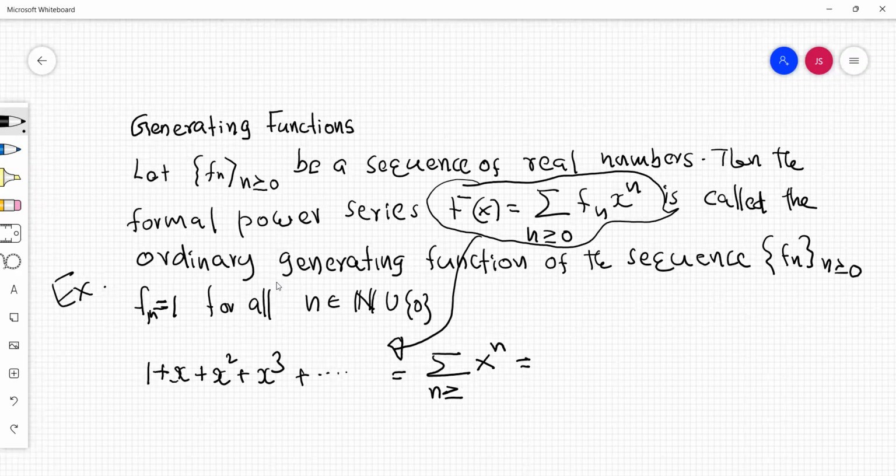What is the summation of a geometric series, 1, r, r squared, up to r^(n-1)? What is the formula for that? The first term times, 1 minus r to the power n, over 1 minus r. Yes, that's right. But now suppose that mod r is less than 1.